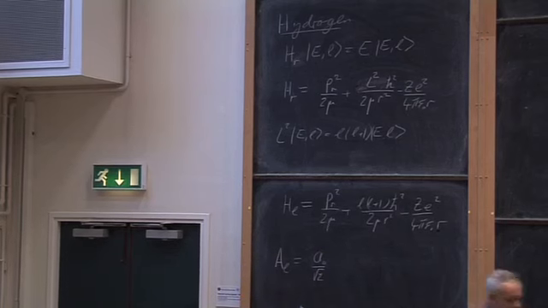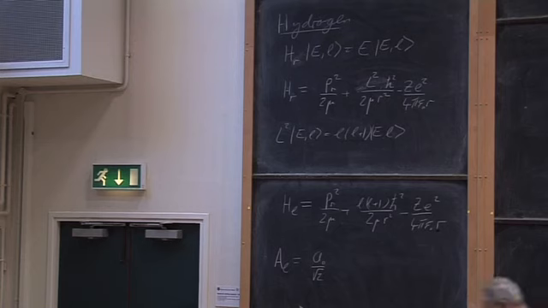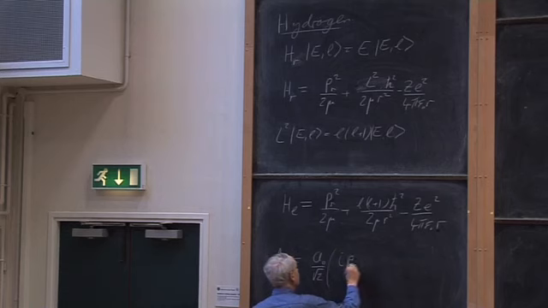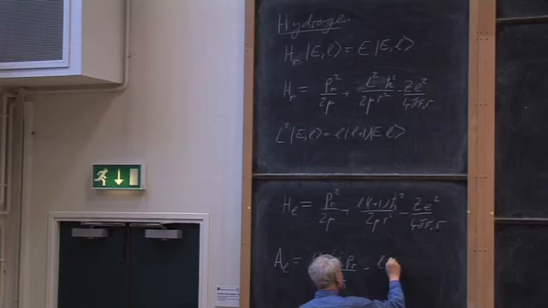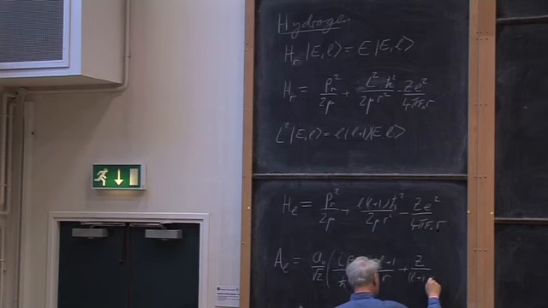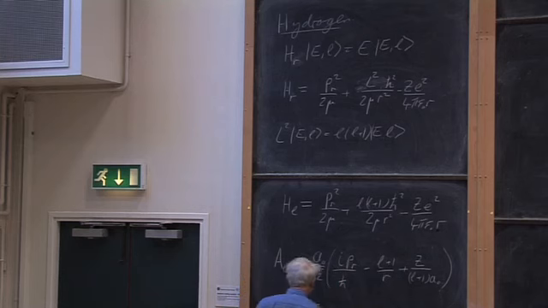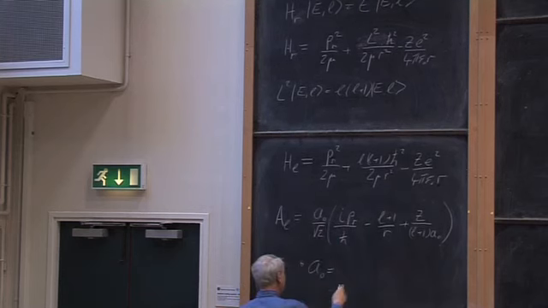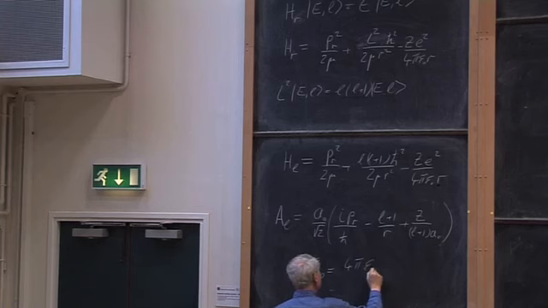I better write this down from notes rather than my memory, because these factors do matter. i P_r over h bar minus (L+1) over r plus Z over (L+1) a0, where a0 is the following not very helpful item: 4 pi epsilon naught h bar squared over mu e squared.